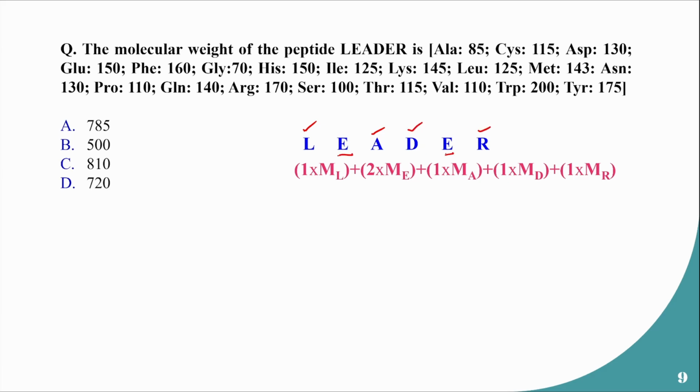So of course we have to do one times the molecular weight of L, plus two times the molecular weight of E, plus one times the molecular weight of alanine, and so on. But this will give you a value of 810, which is also present here. You see, right? Now, is that the answer, or do we have to consider something more?